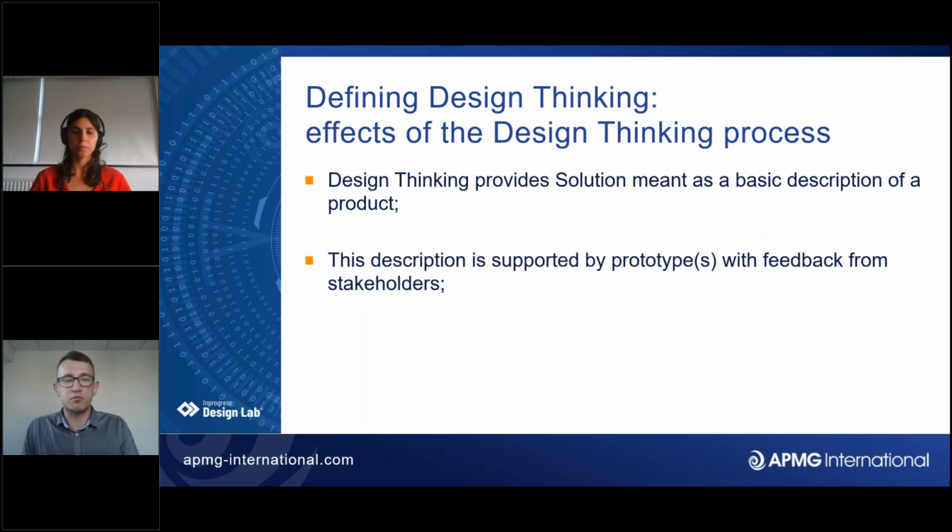The product description is supported by visualization, prototypes mostly, and feedback from stakeholders, because prototypes developed in design thinking are tested with stakeholders. So stakeholders give their feedback on those prototypes, and we can improve them.